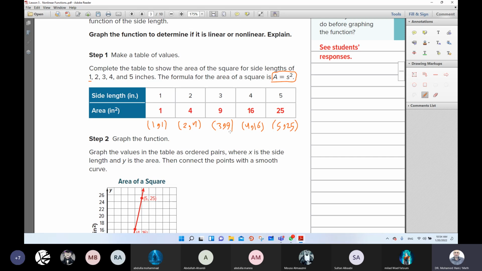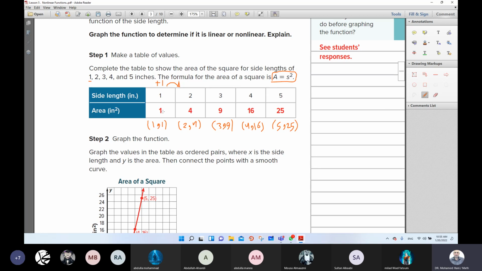If you have a constant slope, or the rate of change is constant, it means you have linear. If you have the rate of change not constant, or the slope not constant, it means you have nonlinear. As you see here, 1, 2, 3, 4, 5, we have a constant change, plus 1, plus 1, plus 1, plus 1.